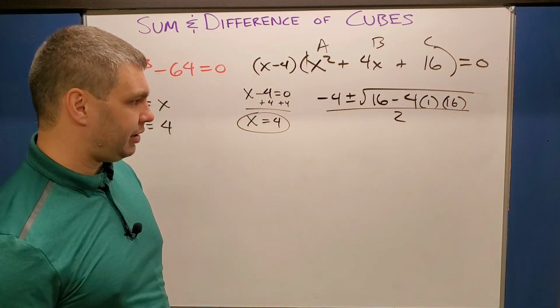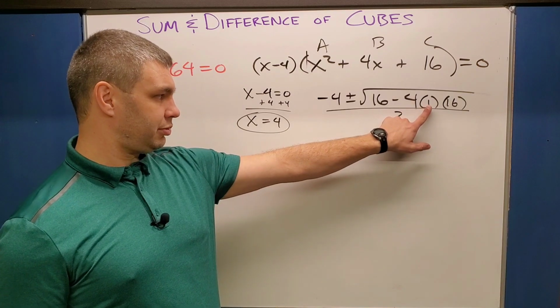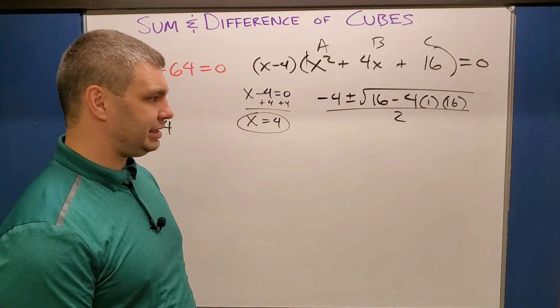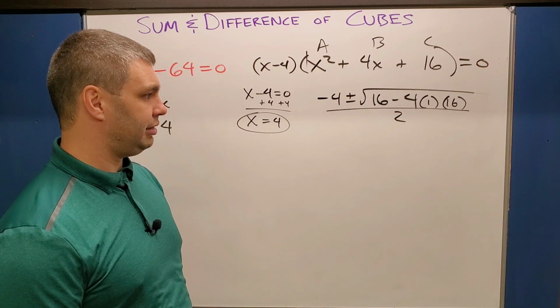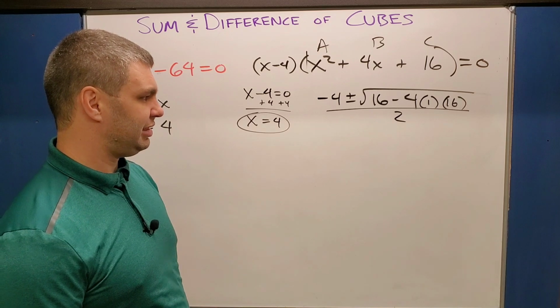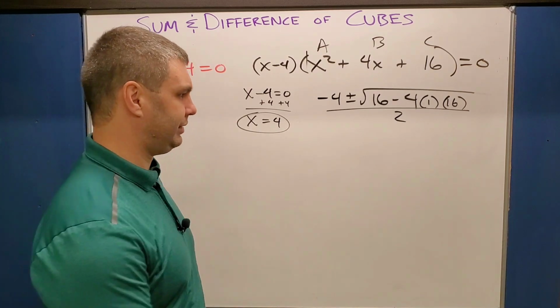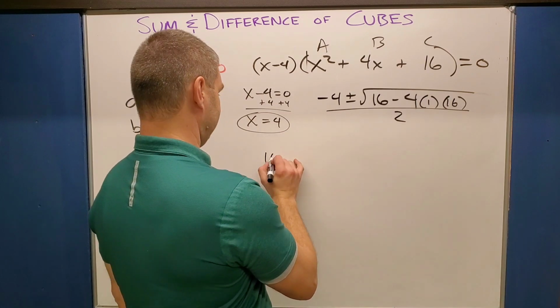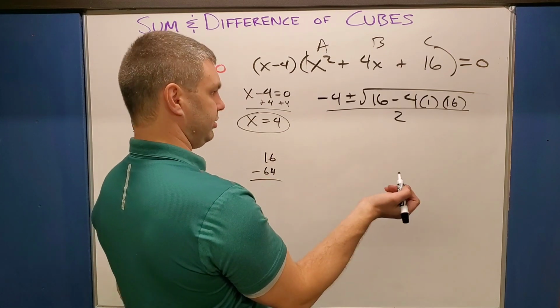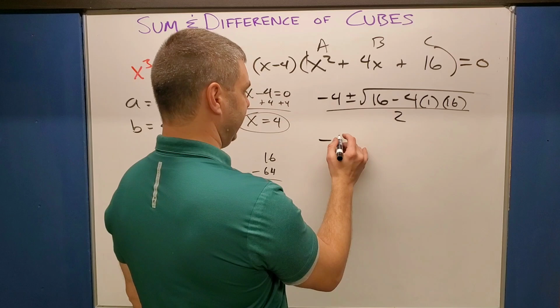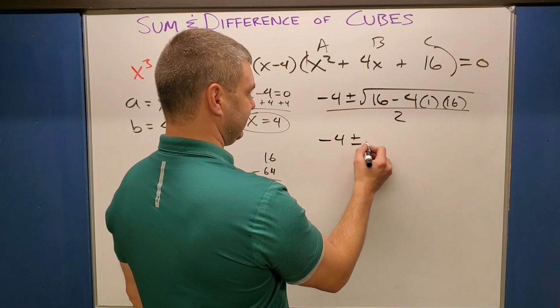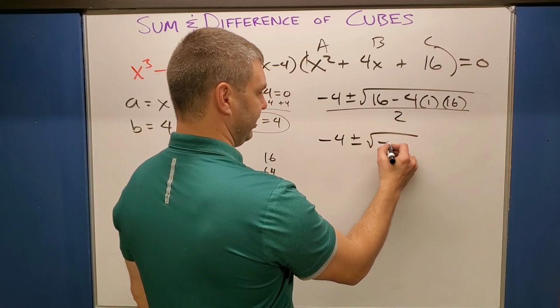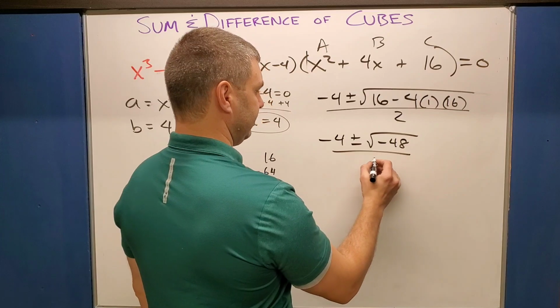Doing a little bit of mental math here. 4 times 1 is 4. 4 times 16, let's see, 40 and 24 is 64. I knew that. 16 minus 64, negative 48. So yeah, we're going to have negative 4 plus or minus the square root of negative 48, all divided by 2.